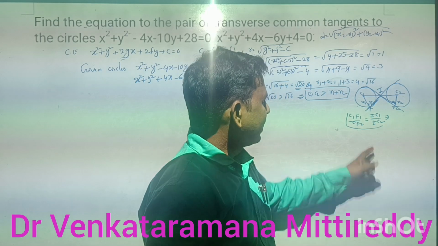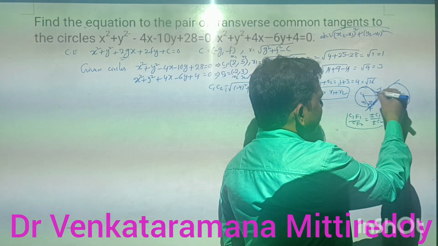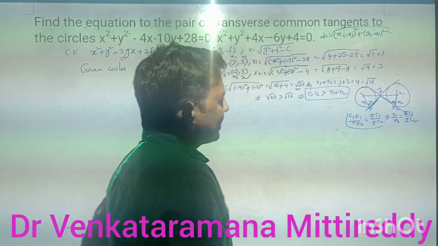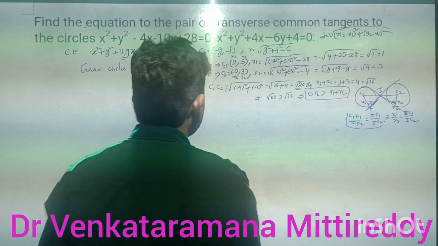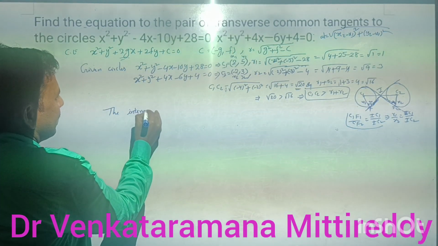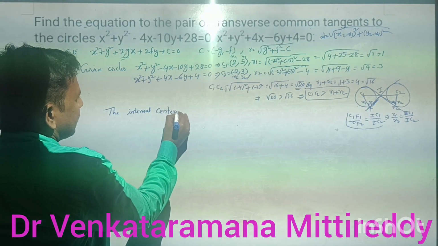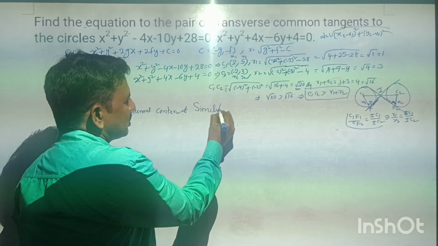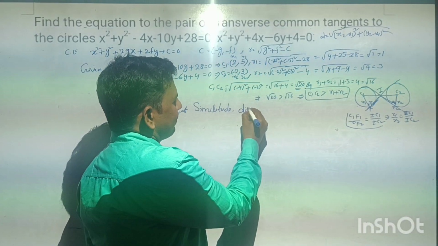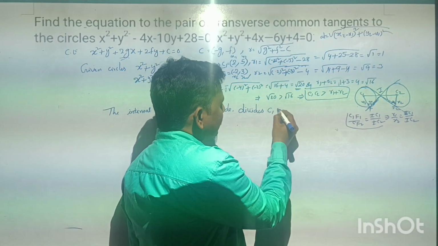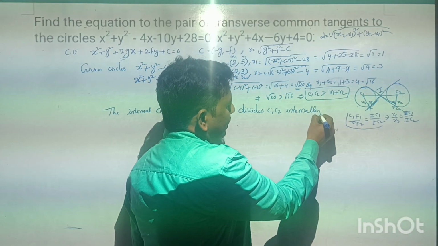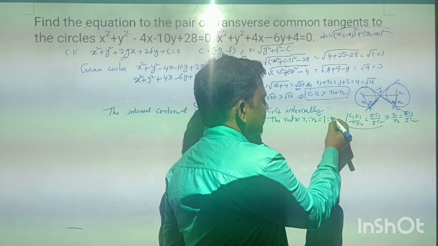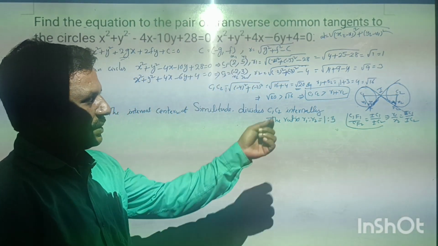We know this condition. C1C2 equals R1 by R2 equals IC1 by IC2. Therefore I is the internal center of similitude. So the internal center of similitude divides C1C2 internally in the ratio R1 is to R2, which is 1 is to 3. Therefore, now find the point I.